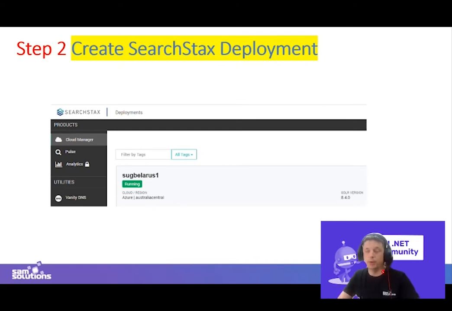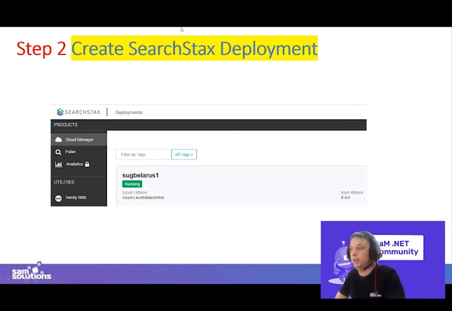We're using Solr, and for Solr, we can use the SearchStax vendor. That's the first thing you need. For instance, SearchStax is what I really like. You need to go to SearchStax, get at minimum a trial account, and spin up the first deployment.